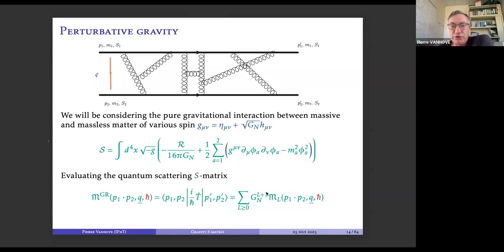So in a sense, the way to extract the classical result from this quantum amplitude is to expand your scattering amplitude with large values of the masses M1, M2 compared to the energy that is transferred.